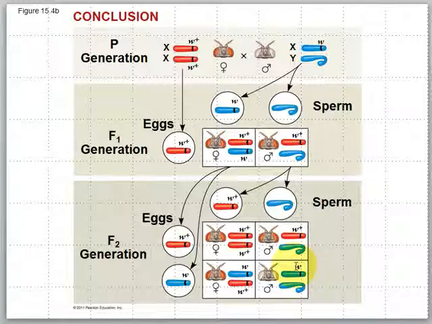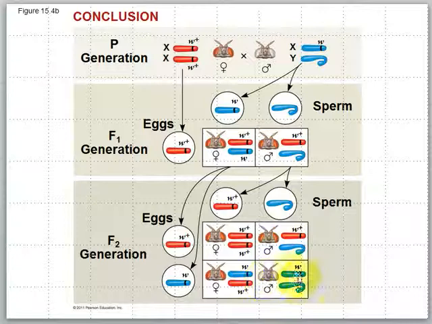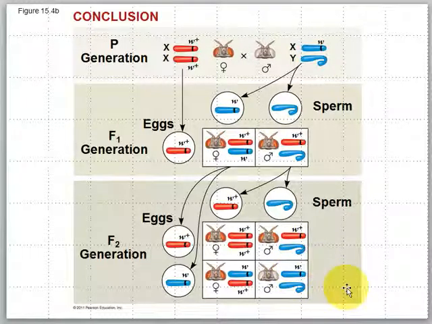With nothing to cover up this recessive trait, it's going to show. So the reason he has white eyes is because he is male, and he has no homologous allele on the Y chromosome to help cover up that recessive allele on the X chromosome. So he's going to show the white eyes, and that would be seen, in this case, only in the males.